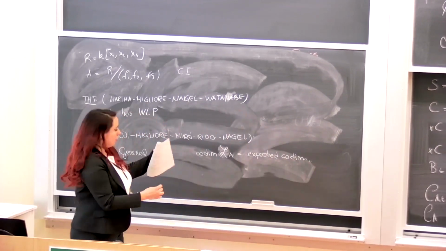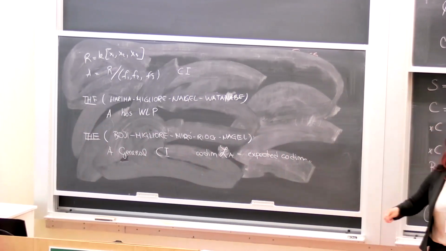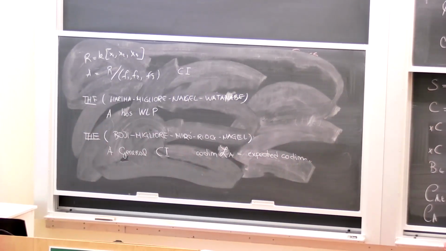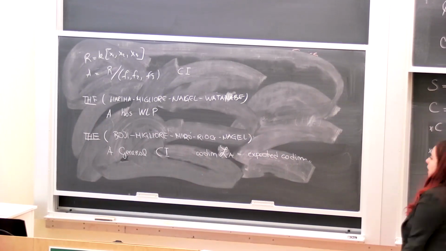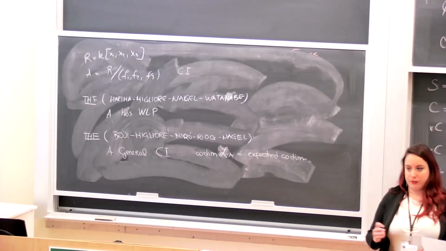Okay, so the main goal is to generalize this last result and check that for a complete intersection in three variables, also looking at conics, the expected codimension is achieved.